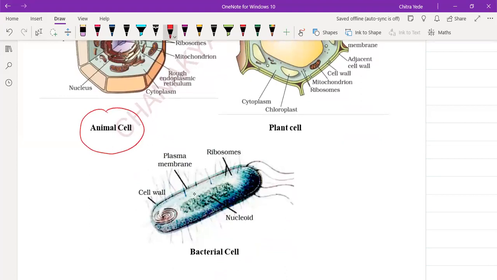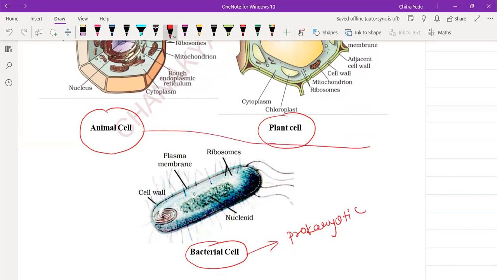There are certain differences between all these cells. Bacterial cell comes under prokaryotic, whereas animal cell and plant cell are eukaryotic.